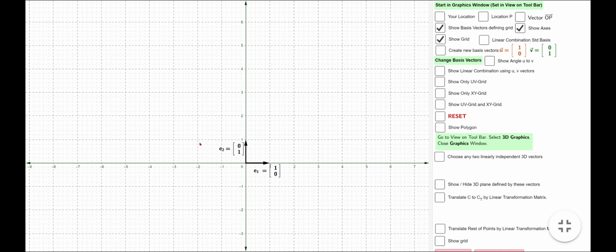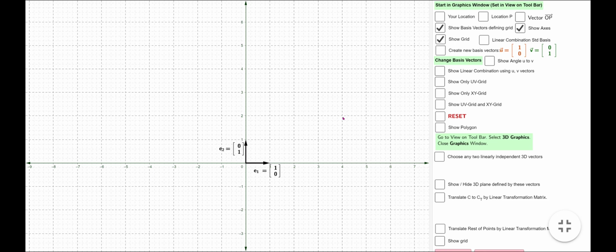In order for it to be a basis, you need to check that they're linearly independent, and we can check that. I'll do an example in a while where I'll show that these two are linearly independent. And these two will span the plane, so any vector in R2 you'd be able to express as a linear combination of these two.